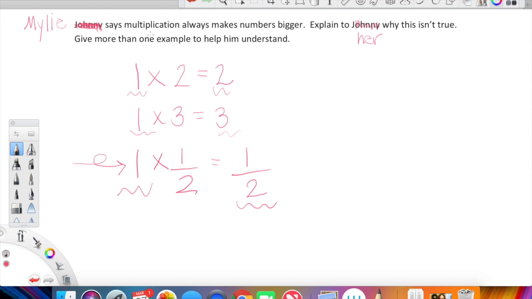So yes, Miley, multiplication makes things bigger as long as you're multiplying by a whole number. Once you start multiplying by a fraction, you guys know this, Miley, you also know this, thanks for letting me use your name, when you're finding a fraction of something, that something is going to get smaller. Cool? Great.